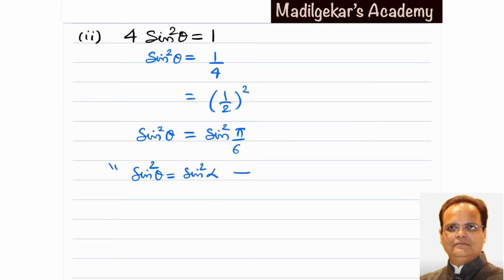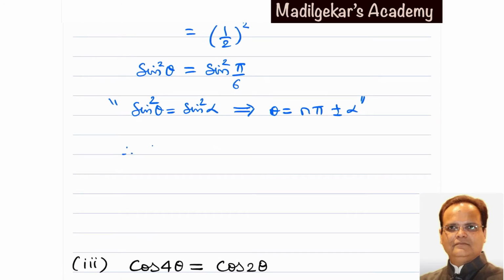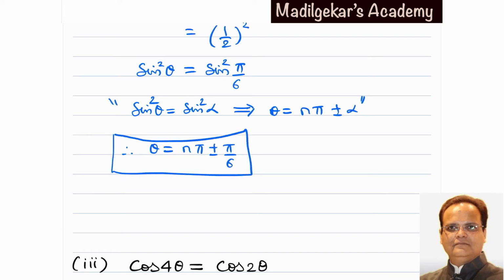In fact, for all the three trigonometric ratios, when the powers are squares, the formula is the same: theta equals n pi plus or minus alpha. So here the general solution is theta equals n pi plus or minus pi by 6.